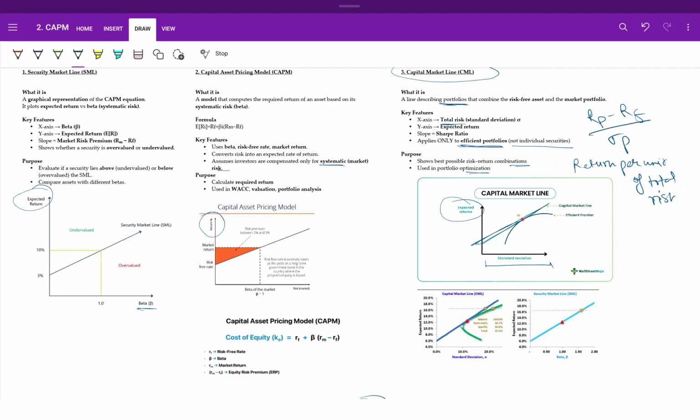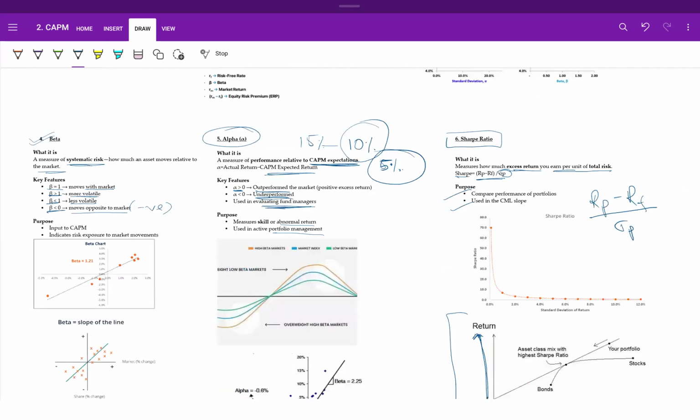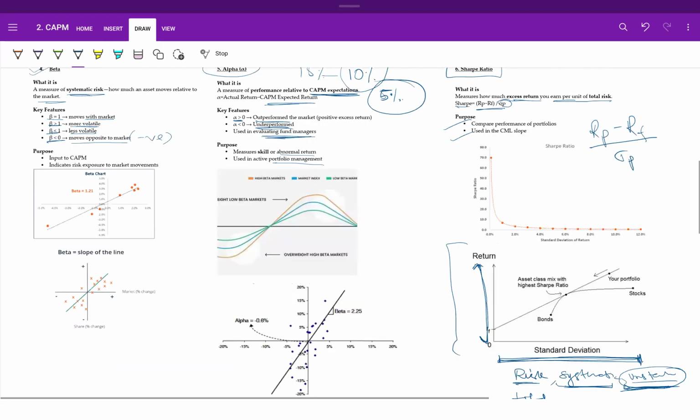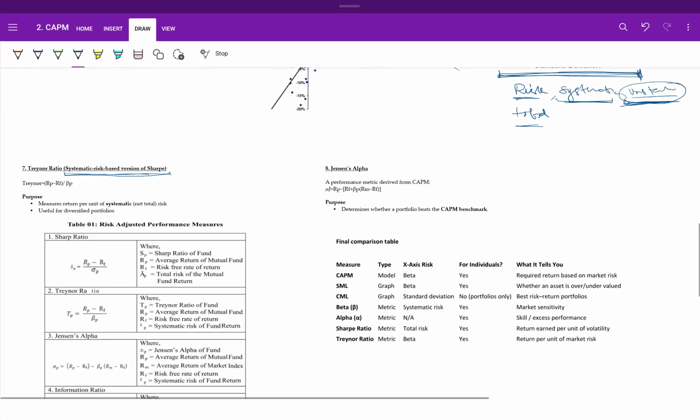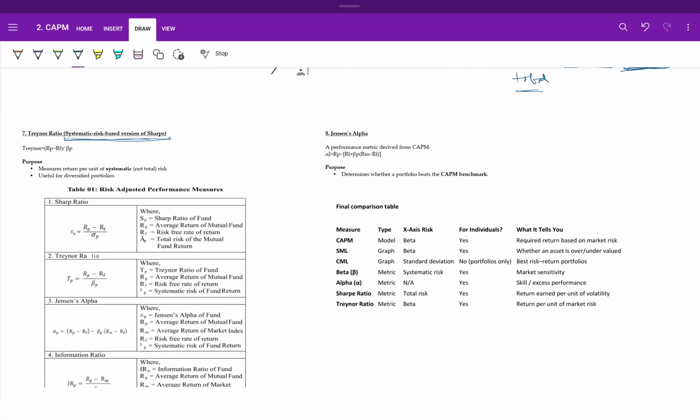Here it's total risk. When we talk about alpha, alpha is again based on beta. The Sharpe ratio is again on total risk. When we talk about Treynor, it's again about systematic risk, but not about unsystematic risk.